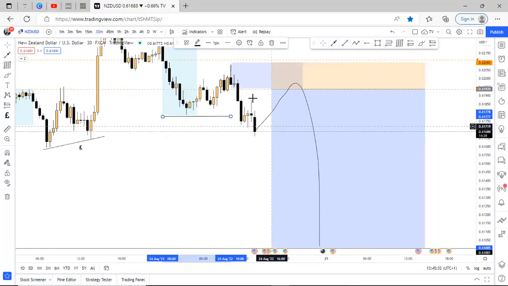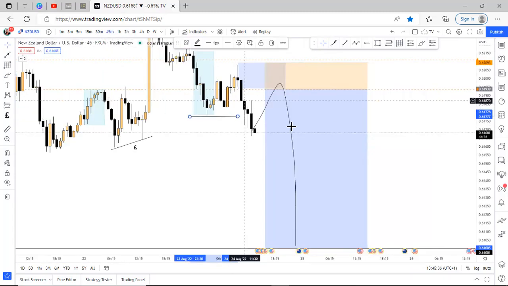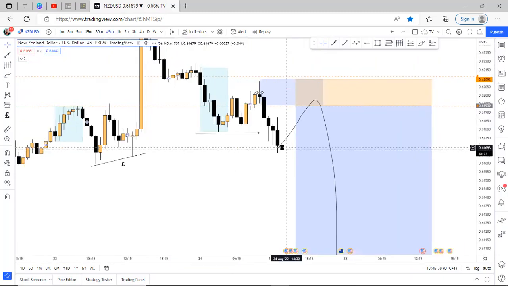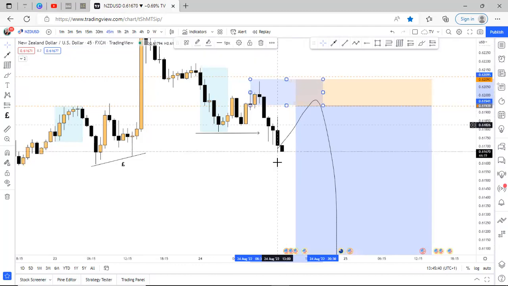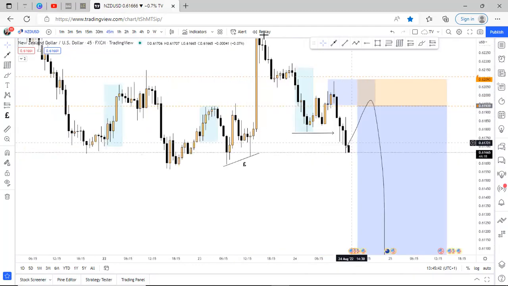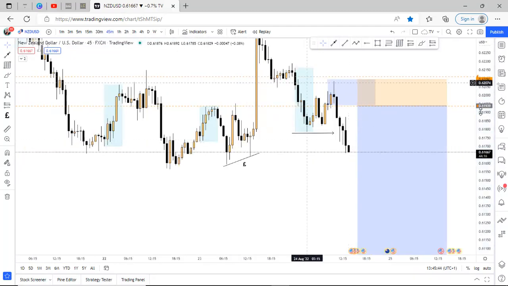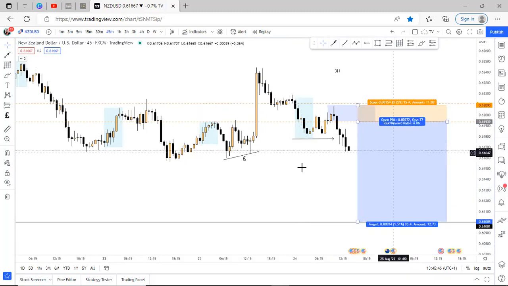But right now, price didn't properly pull back into this supply, and price is presently selling. If you're already in the shorts from right here, good luck to you.